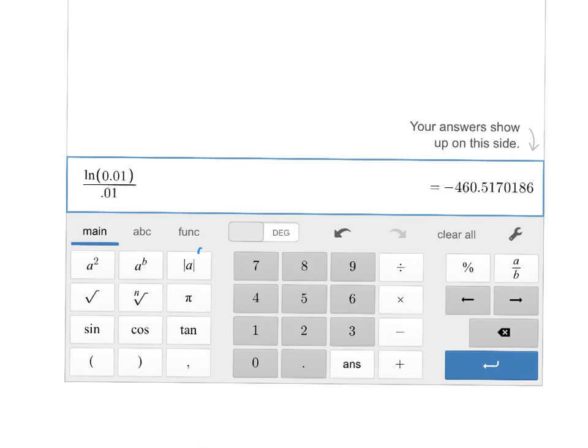So it's pretty clear that we have a vertical asymptote. If you're at x equals 0.01, then you're way, way down at negative 460.